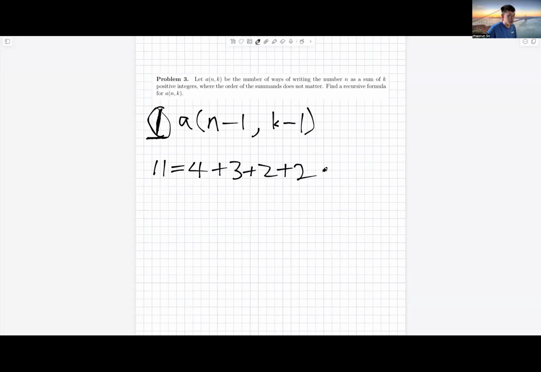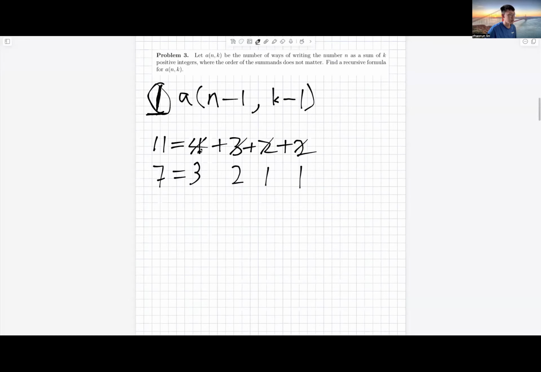So the smallest summand is not 1. So what can we do? We can just decrease every one of these summands by 1. And now we subtract 4, right? So we have 7, so we can have this sum.